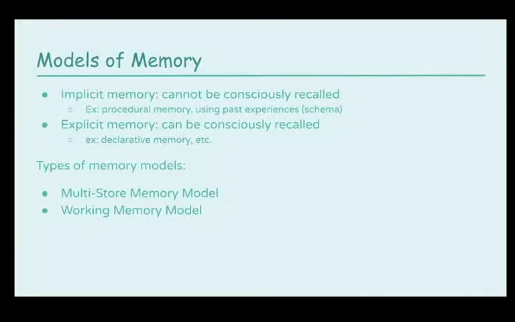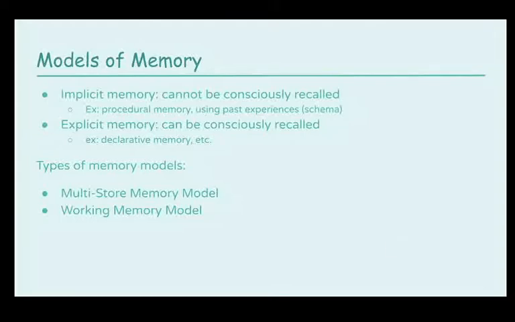It's the kind of memory that doesn't appear when you remember; it's something that you already have in mind automatically. Examples of this would be procedural memory, or using past experiences in schema to encode new memories.